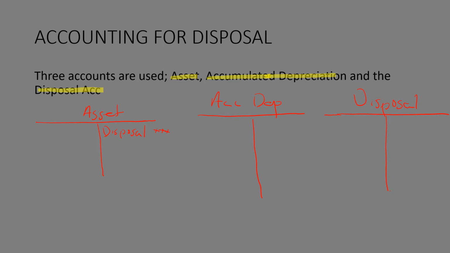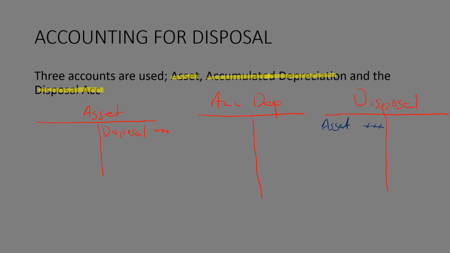Let me just change the color of the pen. This looks a little bit brighter. Then you go to your disposal account and debit it with the asset. That will be the way you remove the cost price of the asset from the asset account.